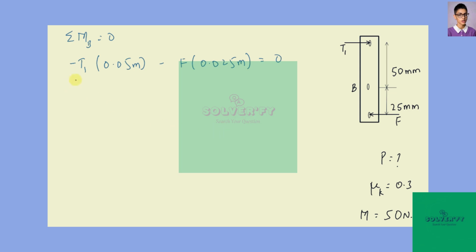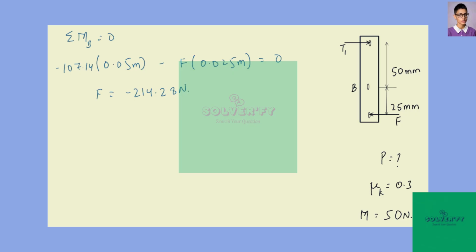And we can plug the value of T1 here. T1 we have calculated as 107.14 Newton. So from here the value of F comes out to be minus 214.28 Newton. So we have calculated F.